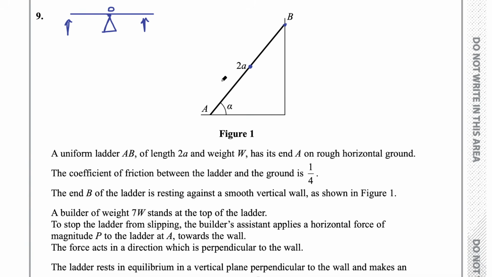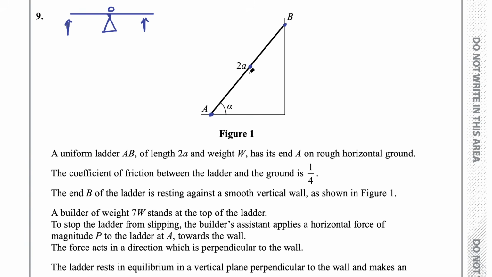So on this ladder, we have a pivot point at A. So the ladder is going to pivot around that point because we have someone standing there holding it still. And what we can do to show the force pushing from the wall is to take all of the moments at A and make them equal to 0, and then we'll hopefully be able to solve for this force.